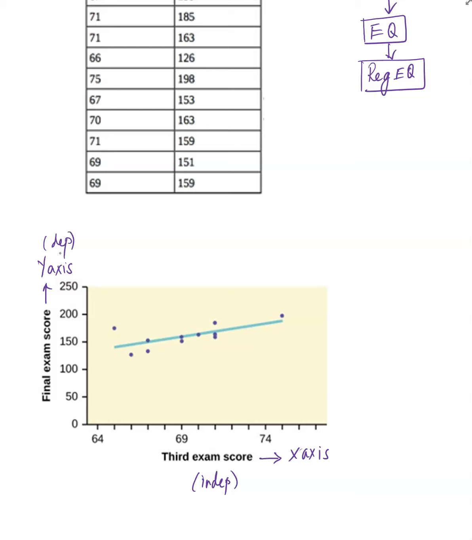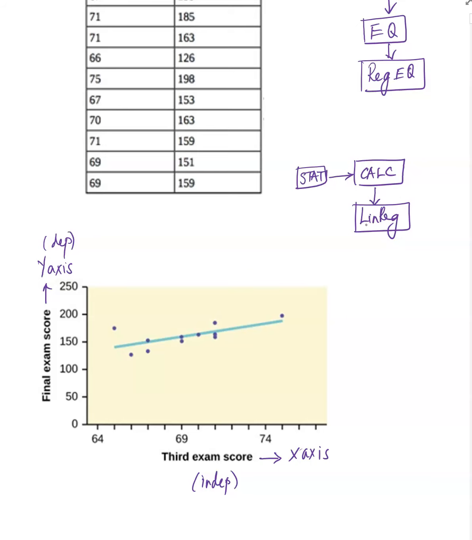Let's go to the regression equation, for which we went to stat, calc. So let me write that here. Stat, calc, and you go down to linreg, and that will give you all of them, y equals all that.